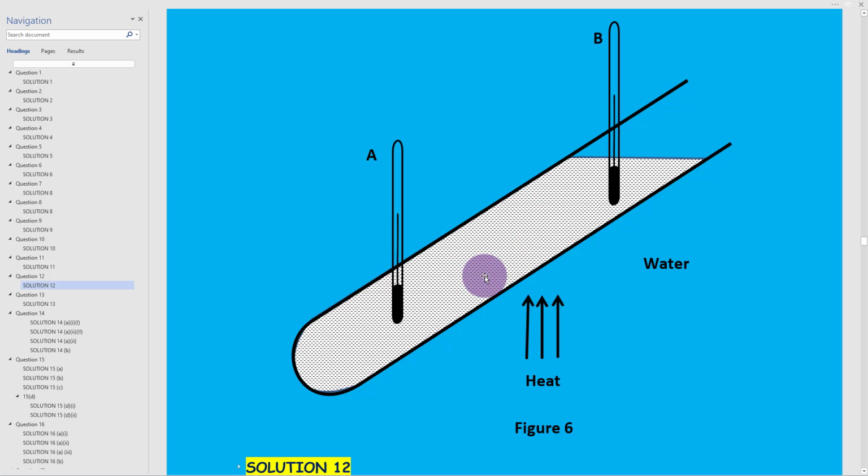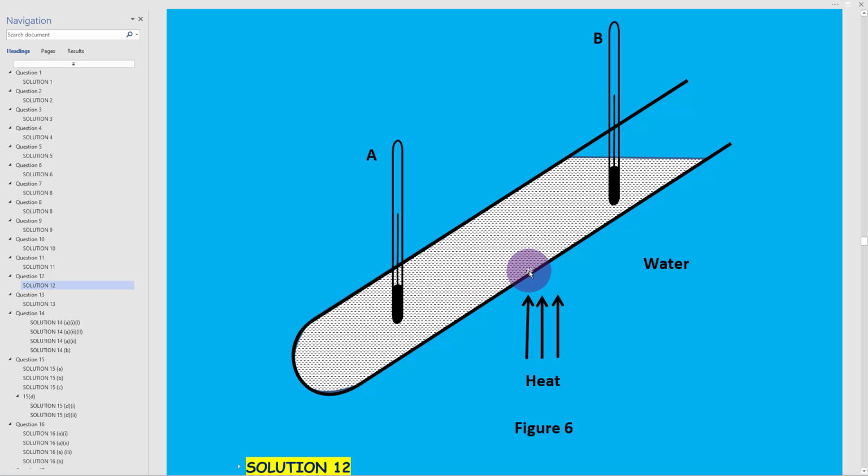But the water below that point will not get heated, because when water is heated, it expands, becomes less dense, and rises. So it cannot sink to the bottom. When it rises, it carries heat with it. So the convectional currents are just going to be established between this point, like that, and none of that heat will travel this way, because there is no way less dense water can sink downwards.